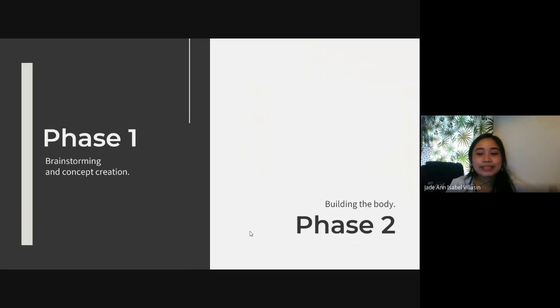Phase two is the building of the body. By this, it means that we must identify the facets of the assessment tool, which is self-absorption. We have to identify what facets could be linked to it. After discussions, brainstorming, and various exchanges of thoughts and studies, we categorized self-absorption or self-centeredness into three subtypes, which are needs, feelings, and rights.